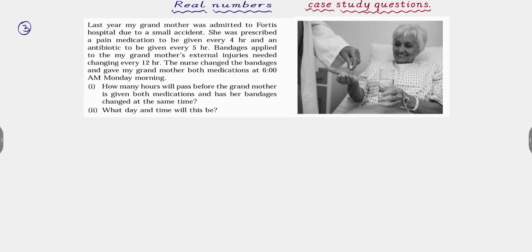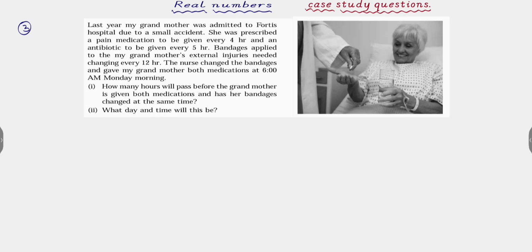Bandages applied to my grandmother's external injuries needed to be changed every 12 hours. The nurse changed the bandages and gave my grandmother both medications at 6 a.m. Monday morning. First question: how many hours will pass before the grandmother is given both medications and has her bandages changed at the same time?